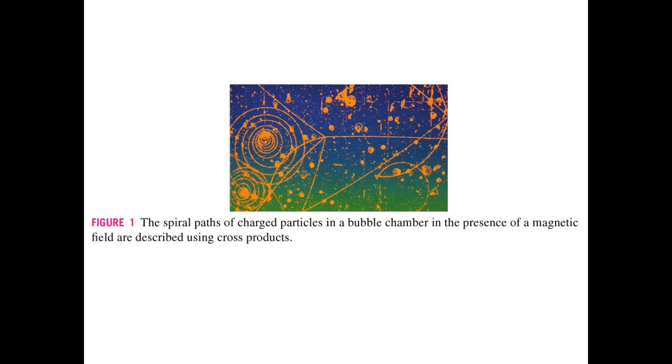What you have is charged particles, which means you have electric fields going on here, but you also have a presence of a magnetic field, and when you have those together, you have basically cross products, and that's what makes the spiraling and the bending of the curves going on.